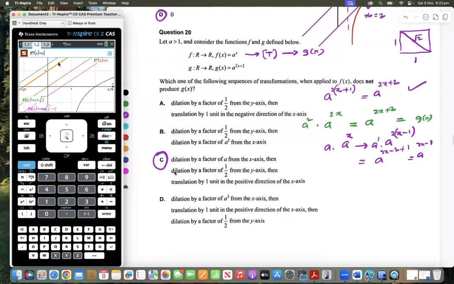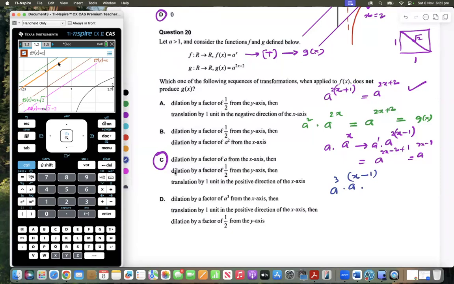Right. You can actually check the last one as well. Dilation by a factor of a cubed from the x-axis, which is a cubed times a to the power of x, then translation by 1 unit in the positive direction of the x-axis.